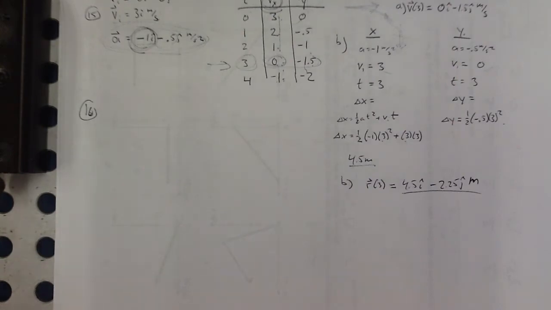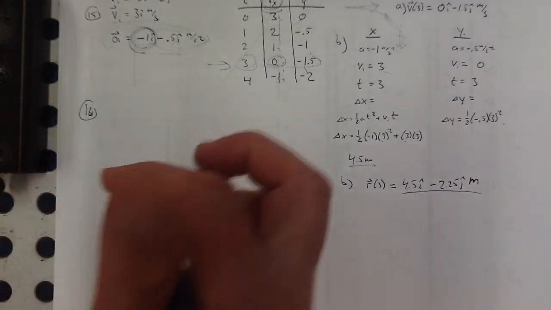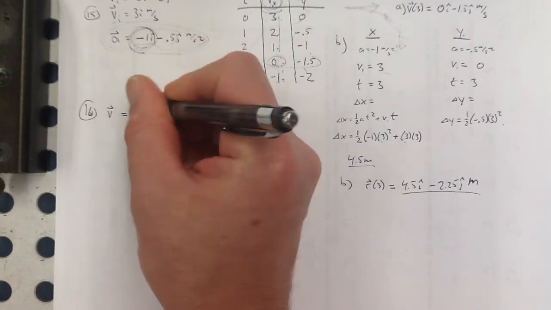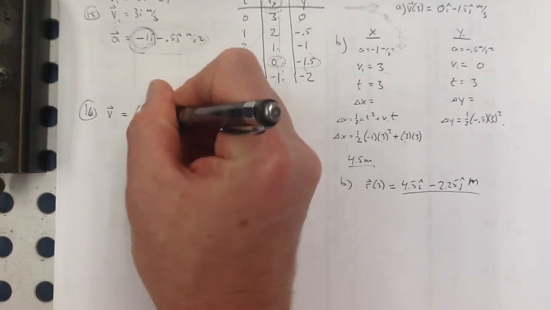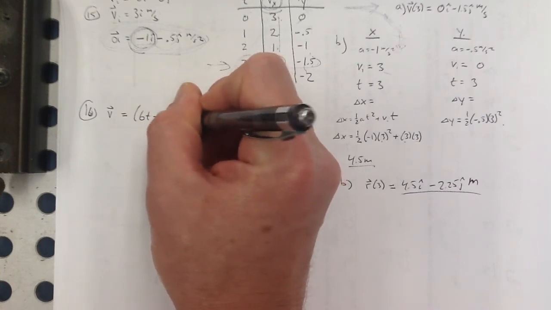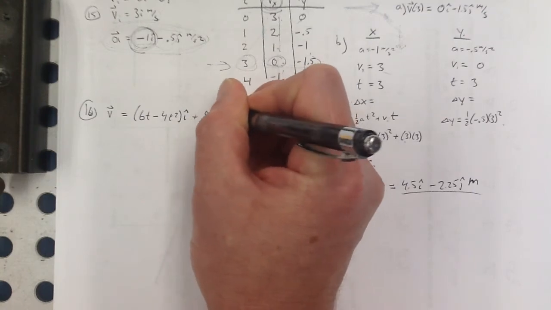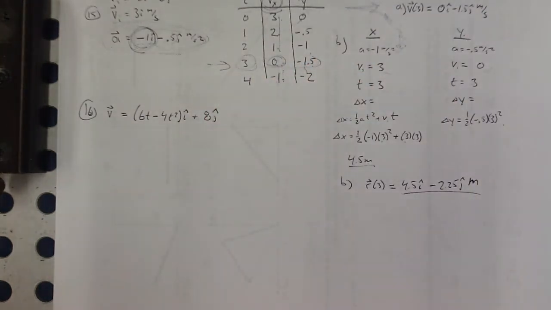The velocity v of a particle moving in the xy plane is given by this, with velocity in meters per second, time greater than 0 in seconds. What's the acceleration when time is 3? When, if ever, is the acceleration 0? When is the velocity 0? And when, if ever, does the speed equal 10?